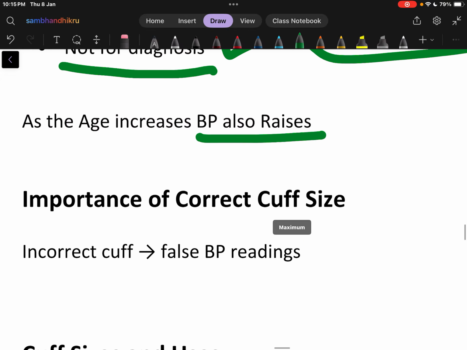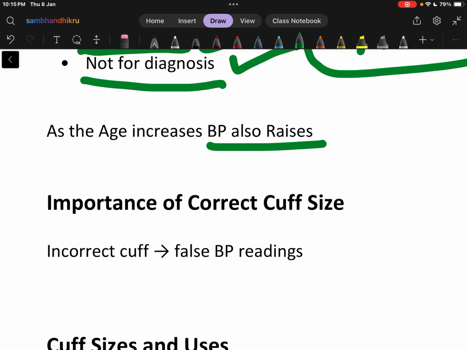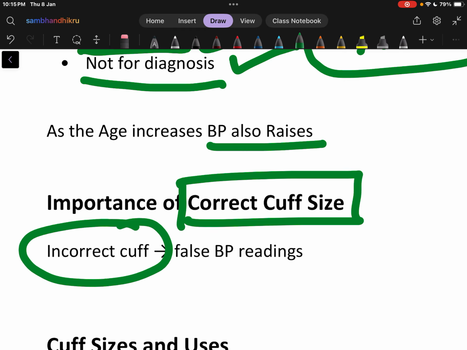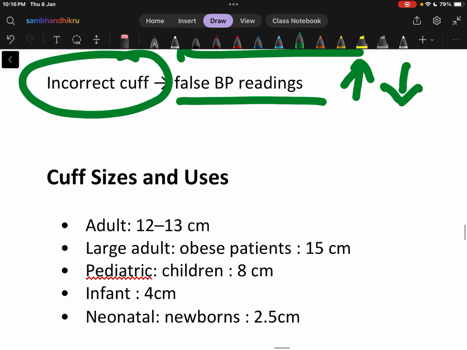Okay, what are the different aspects of the BP cuff? Here we need to look for the BP cuff size. An incorrect cuff will give you false BP readings, that may be falsely high or falsely low. So for cuff size, I am telling only about the width of the cuff.